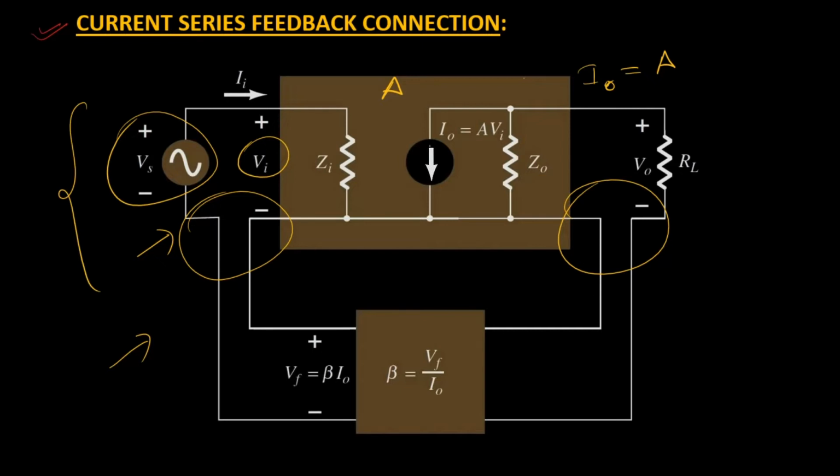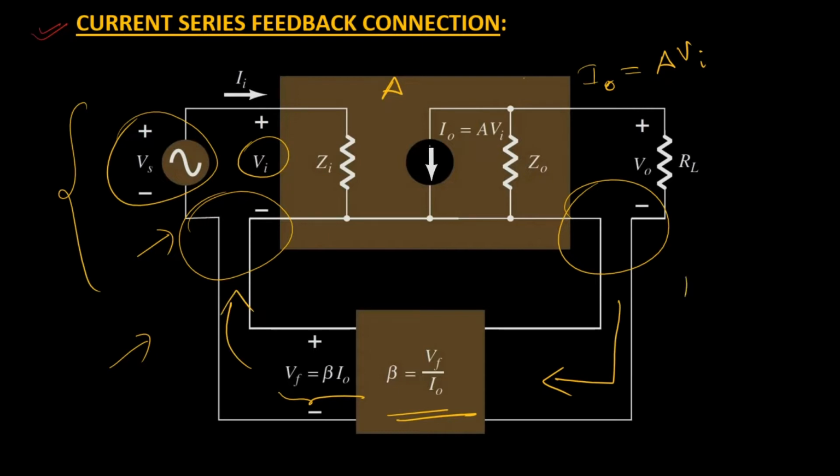So Vi is basically the input for this one. So Vi multiplied by gain will be the output current I naught. And in this case, we are tapping this output current I naught through this feedback network with a gain beta, so that the feedback potential will become equal to beta multiplied by I naught, and then is fed to the mixer for further processing.